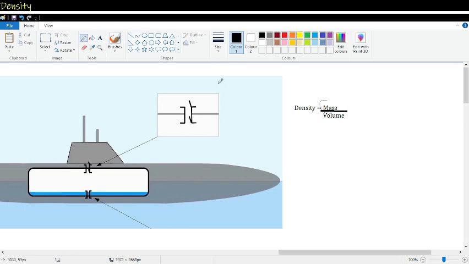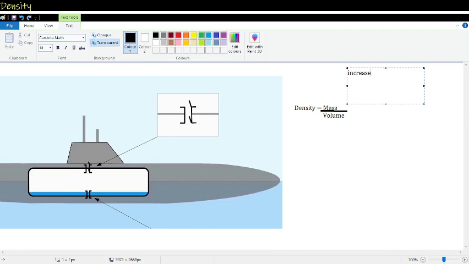Well, because in this case, if I want to make the submarine sink, it means I must increase the density. I can change the mass. I will increase the mass, so I can increase density.